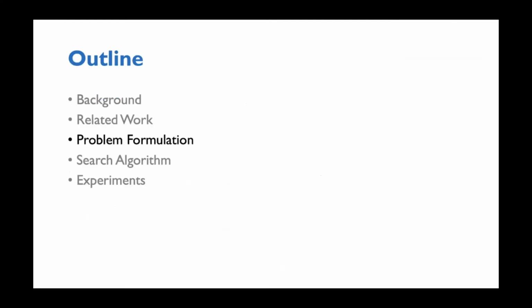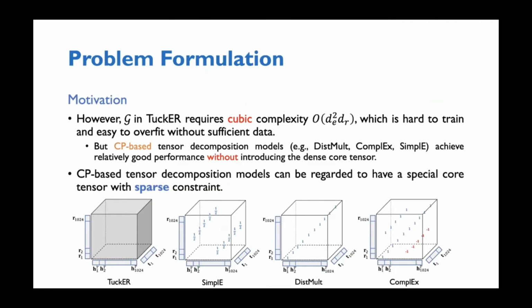After the background and related work, now we are talking about our motivations and how to formulate our problem. However, the Tucker tensor requires cubic complexity, which is hard to train and easy to overfit without sufficient data. But CP-based tensor decomposition models, such as DistMult, ComplEx, SimplE, achieve good performance without introducing the dense core tensor.